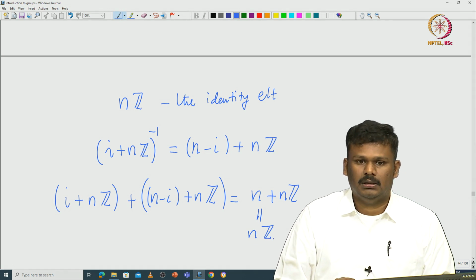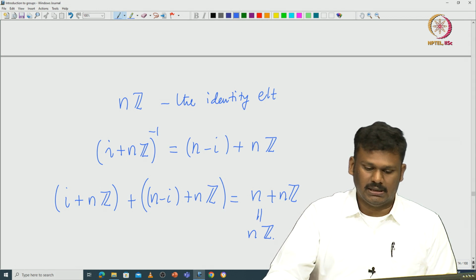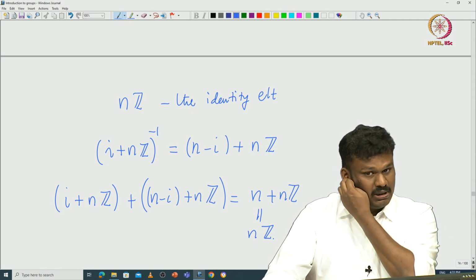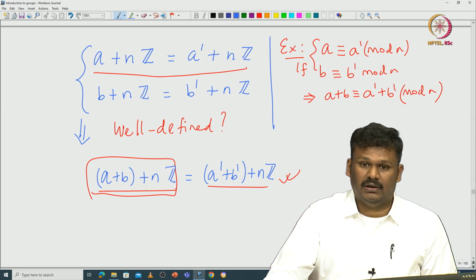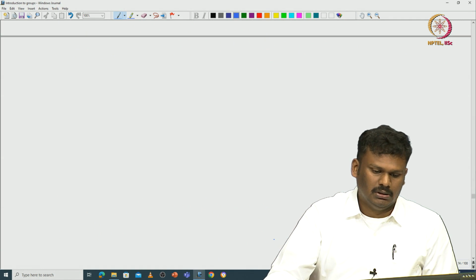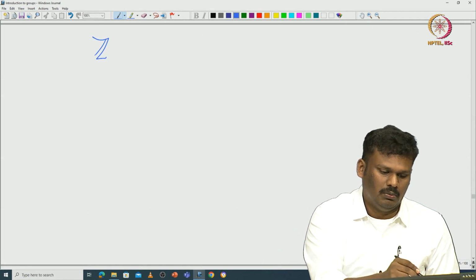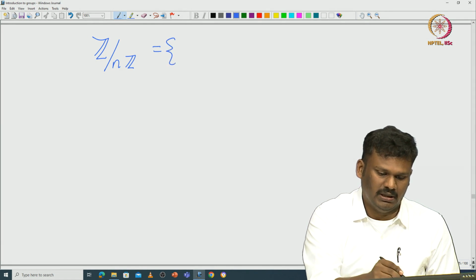Okay. So, existence of identity and existence of inverse are clear, associativity we verified, and we also verified the well definedness of the addition that we have defined. That means Z modulo nZ with respect to the addition that we have defined is indeed a group.